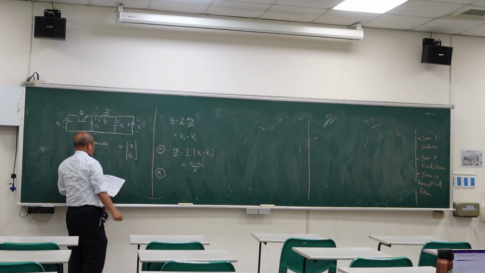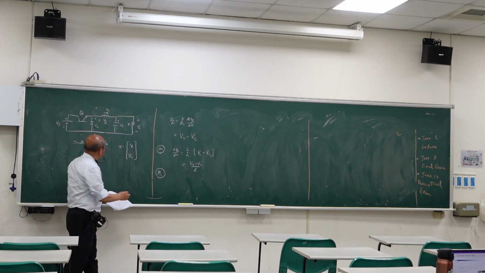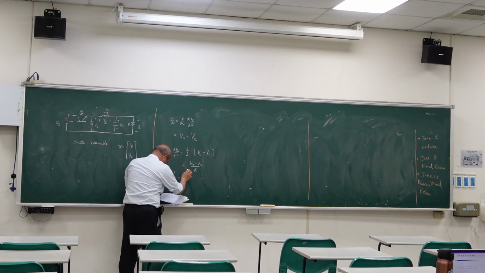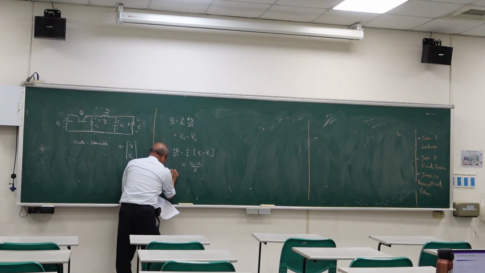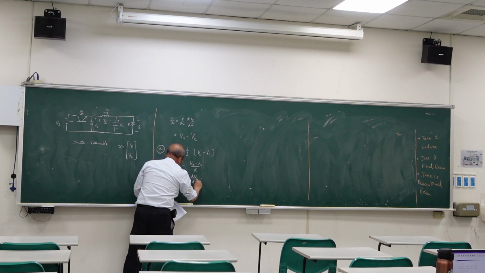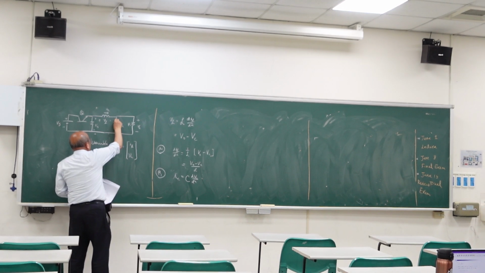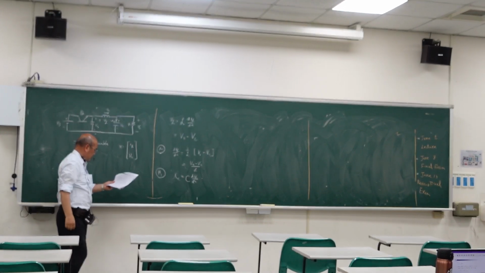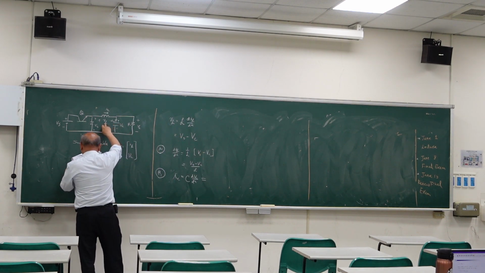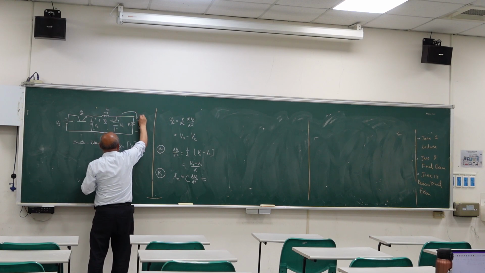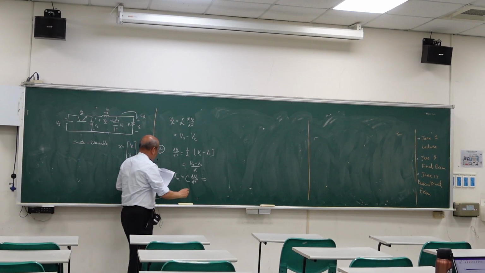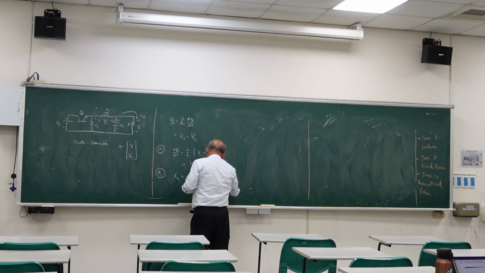We choose the output voltage. So what is the derivative of the output voltage? We can say IC is C dVc/dt, right? So this current IC is C dVc/dt, and it is equal to IL minus IR.